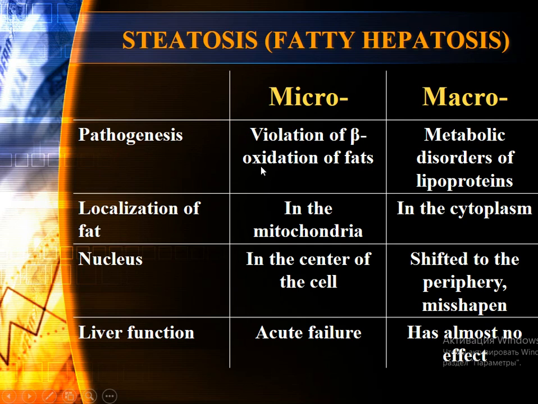Microvesicular steatosis is related with violation of beta oxidation of fat, and microvesicular fatty liver is commonly associated with severe and sometimes fatal liver disease, and for that acute liver failure occurs in this case.